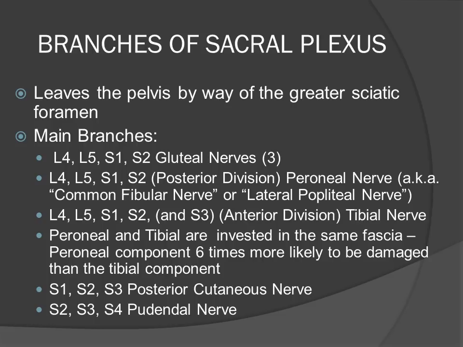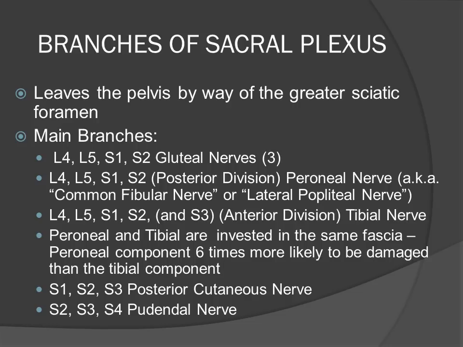So the sciatic nerve, or I should say the sacral plexus, gives us many important named peripheral nerves. And most of the named peripheral nerves of the sacral plexus leave the pelvis by way of the greater sciatic notch.